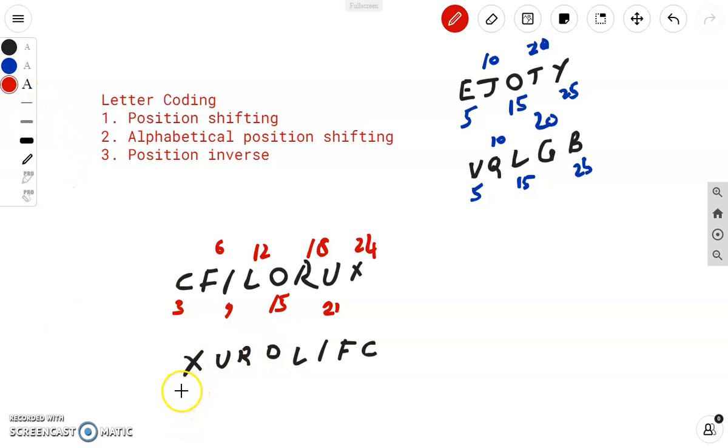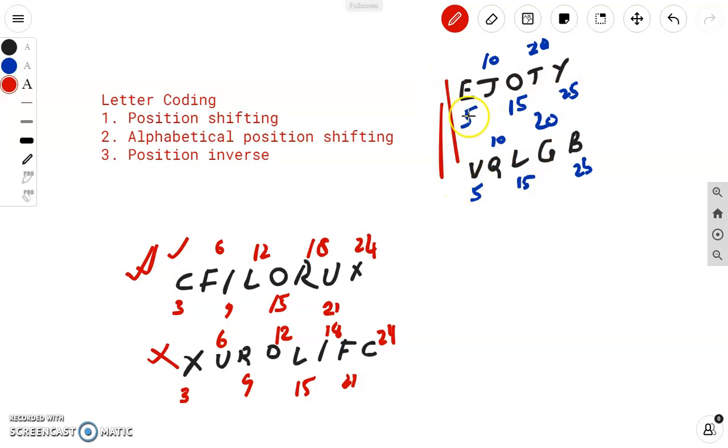These are the mirror positions of 3, 6, 9, 12, 15, 18, 21, and 24. You can remember this one, and this will be the inverse of that. You don't have to remember that, you just remember this one. You have to remember both these things, and they are of fifth order, 5, 10, 15, 20, and these are in the threes order.